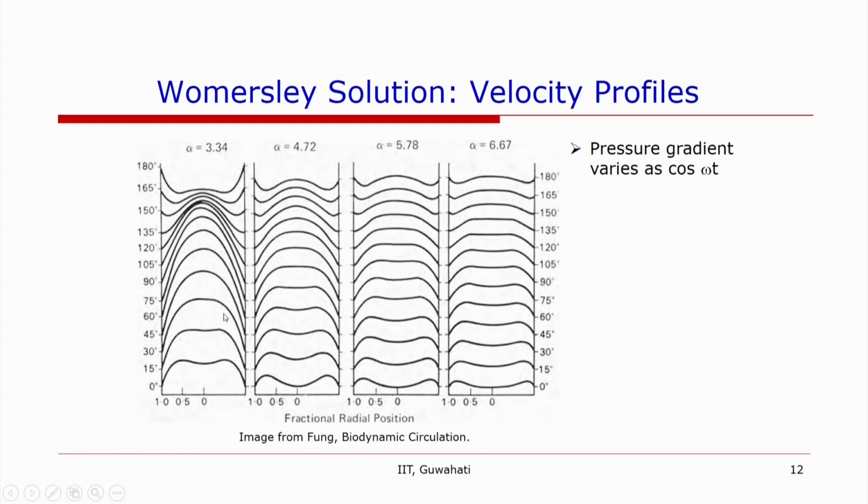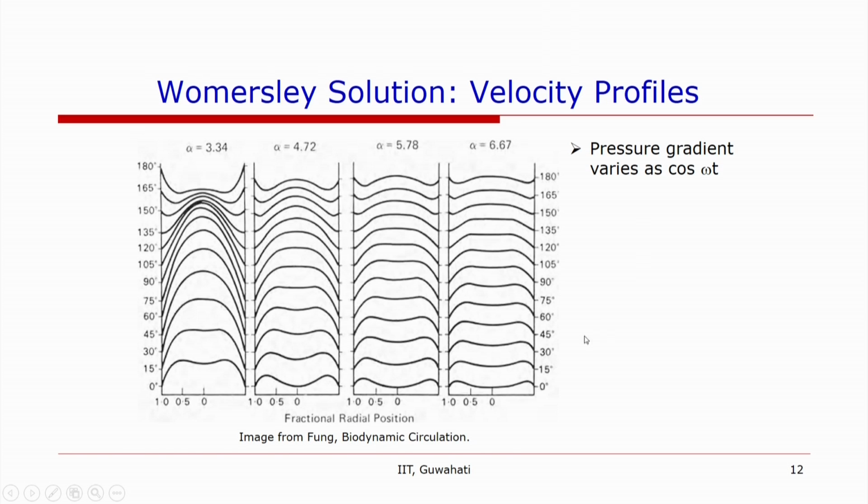Okay. Another thing that you should notice here, that at low values the profile is parabolic. There are large gradients in the center, but as the Reynolds number or as the Womersley number increases, the flow profile becomes flatter in these cases here. So all these have been plotted for pressure gradient when the pressure gradient varies as del P over del Z cos omega t.